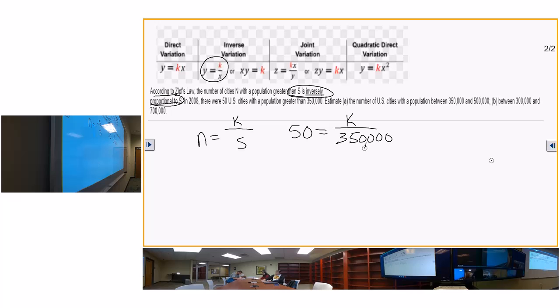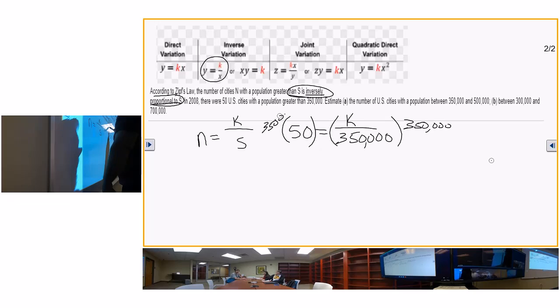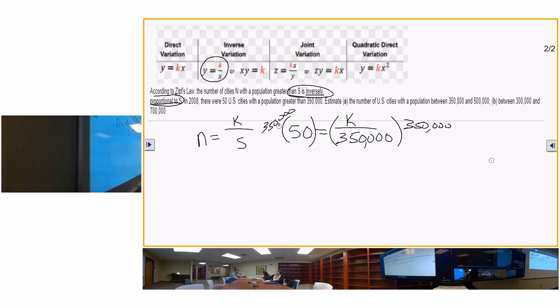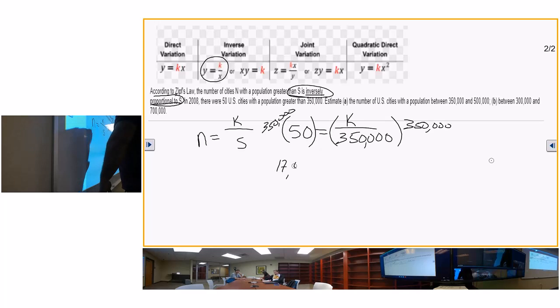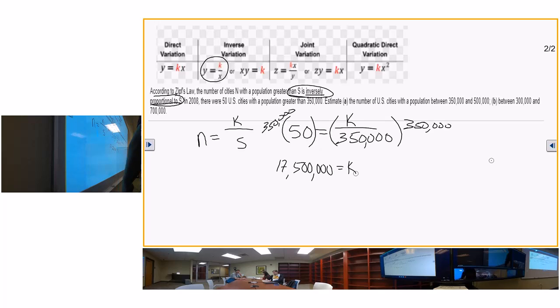So, somebody tell me, it says estimate the number of cities with a population between 350,000 and 500,000. Okay, but first of all, you've got to find K. I'm thinking that's what they want to do here. So multiply 50 times 350,000. Somebody do that for me. 5 times 35 is going to be 175, so 17,500,000 is equal to K. So now what is our formula?